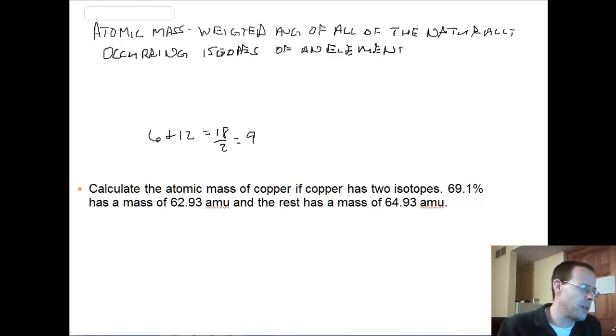So we're really saying this is 50% 6 and 50% 12. Mathematically, if we take 50% of 6, we have 3, and if we take 50% of 12, we have 6. And if we add 3 plus 6 together, we get 9, which is the average of 6 and 12.